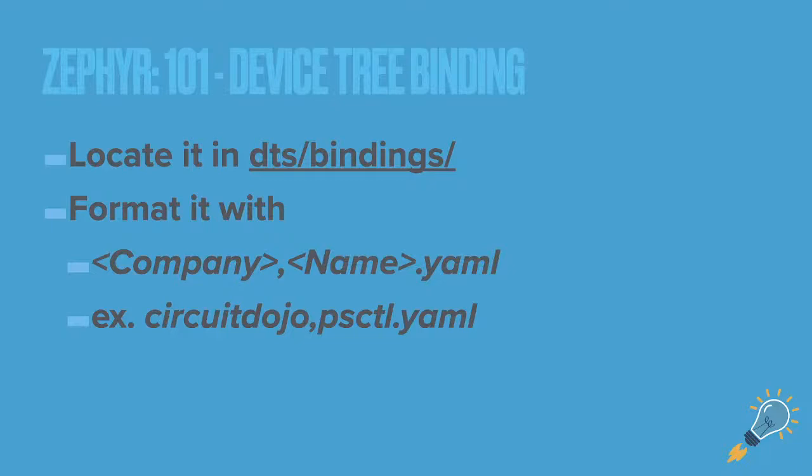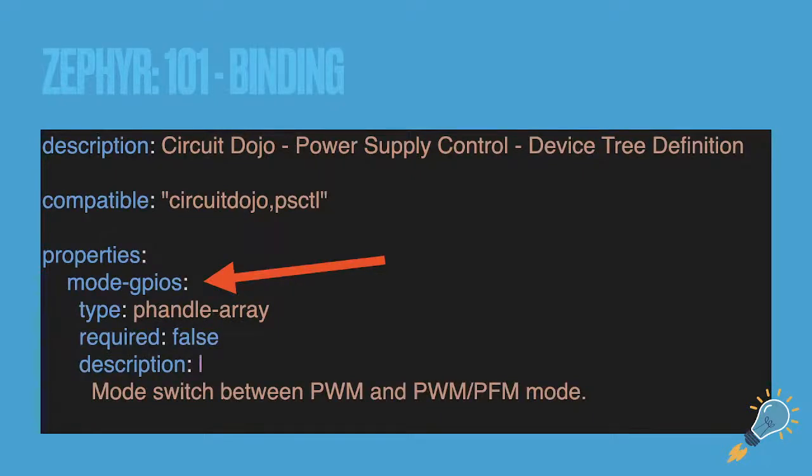It's using the company name, and PSCTL, which is just power control. It's controlling the mode input on the power supply. And then it's a YAML file. Inside that, we have a description. We also have that compatible. You'll notice this compatible is the type of thing that you will also see in the overlay. You'll see compatible equals and then that name.